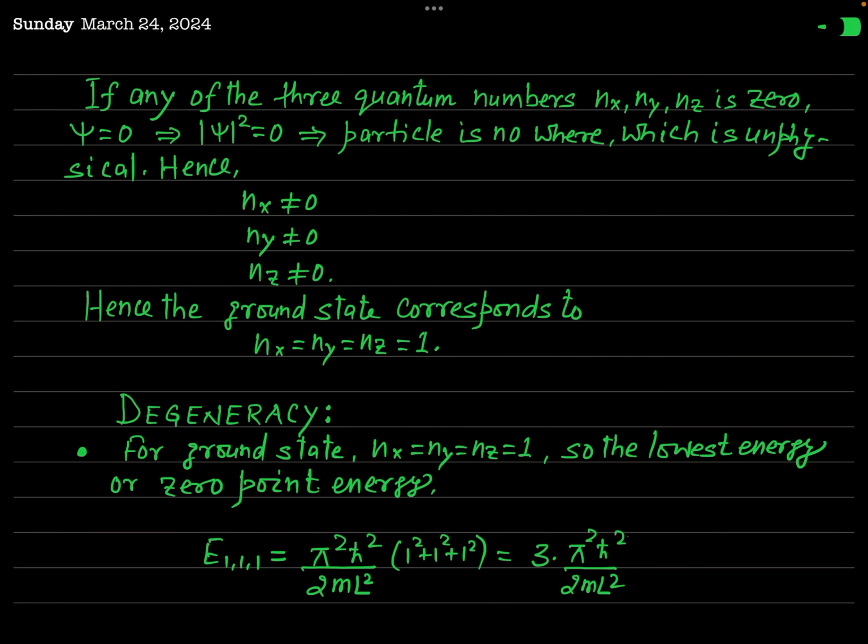And I have also told you this very fact in the beginning. So you can't take nx equal to 0, you can't take ny and nz equal to 0. So what is the possibility for the least values of these three quantum numbers? The least values in that condition will be simply 1. So nx, ny and nz equal to 1 will be the least value of these three quantum numbers.